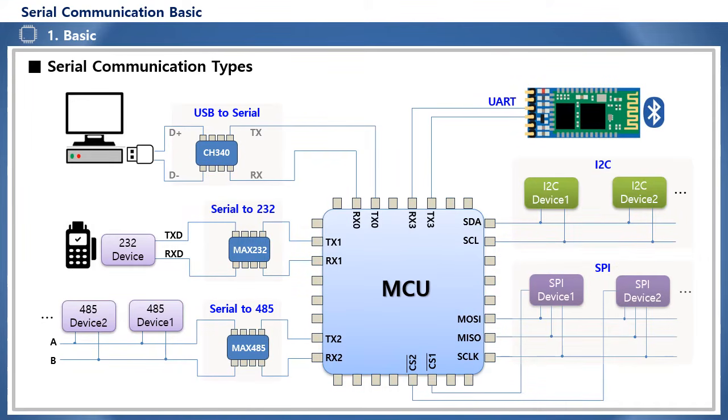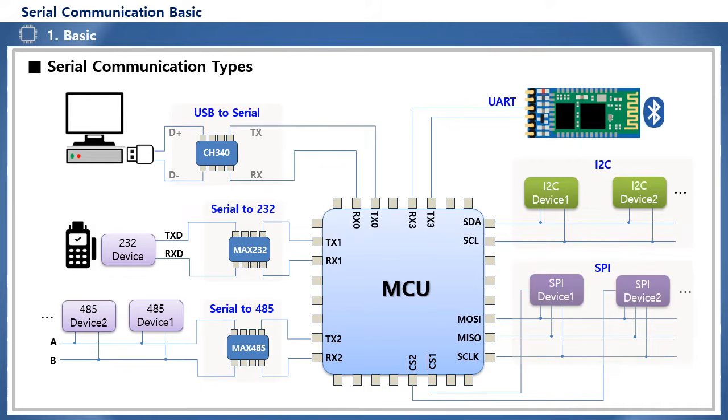In summary, most embedded MCUs support multiple UARTs, or serial ports, for communication with external devices or equipment. USB to serial is used for programming or serial monitoring purposes between a PC and an MCU that does not support serial ports.